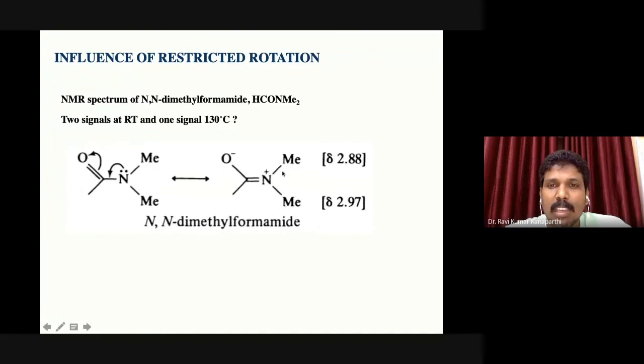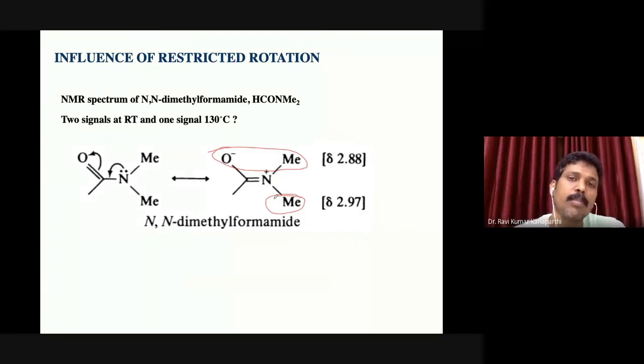So the chemical environment of this methyl proton is different, because on this side the oxygen atom is there, while on the other side this methyl proton has a slightly different environment. Therefore, what is observed in N,N-dimethylformamide can be understood in terms of the restricted rotation around the C=N bond.